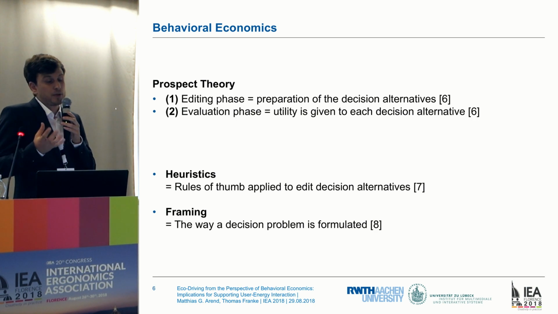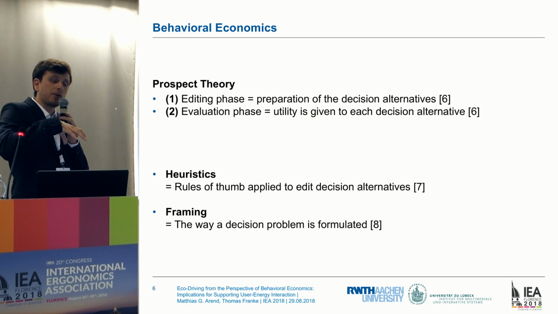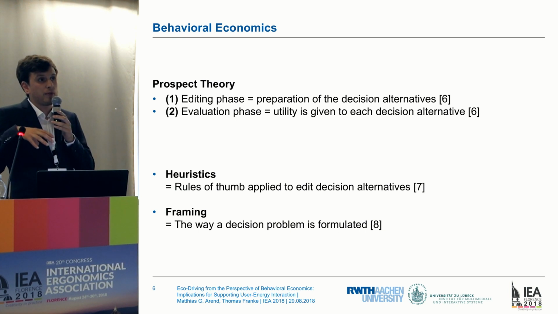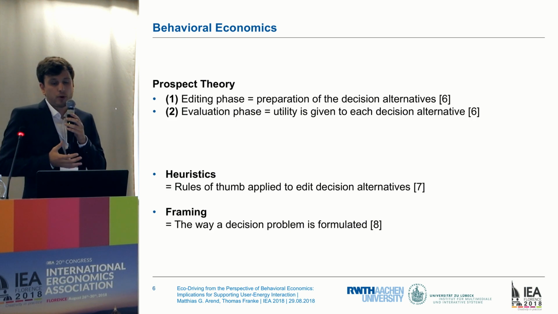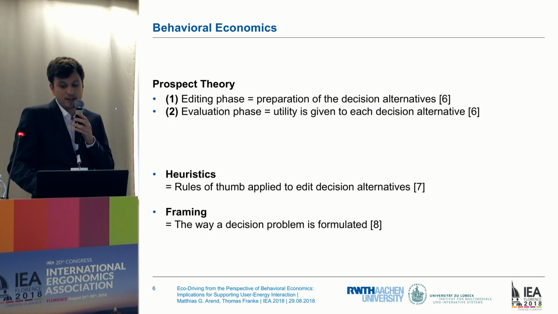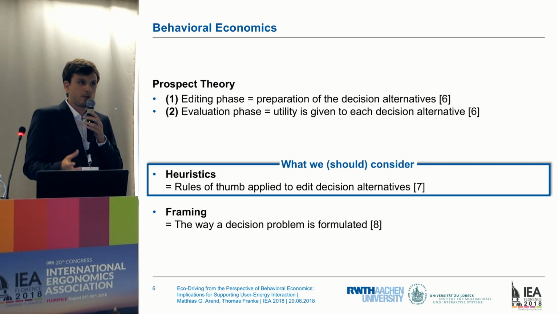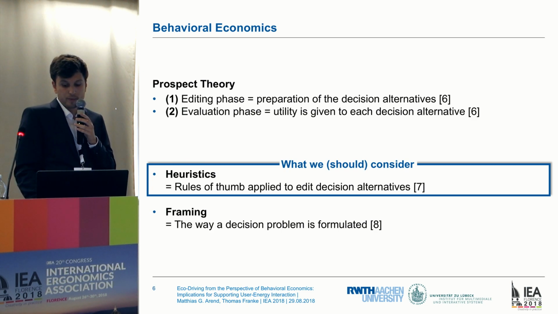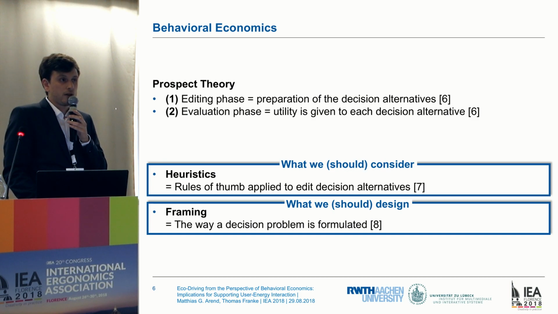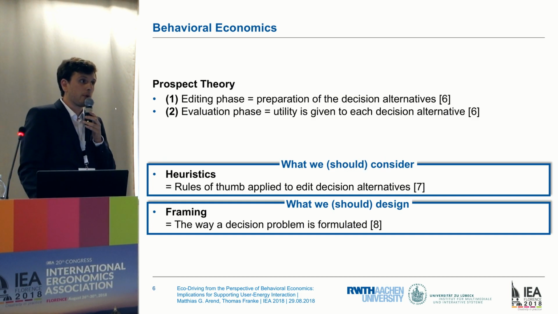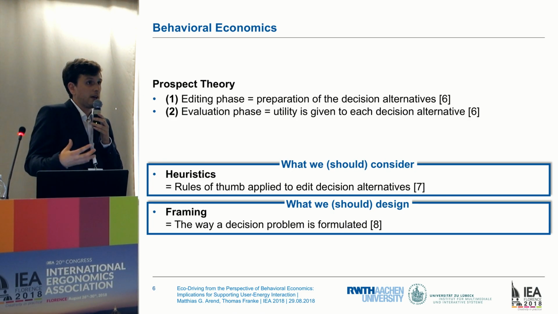The heuristics refer to the internal part of the human, whereas the framing refers to the external part. This is quite important when designing, for example, eco-driving support systems. We should consider the heuristics humans use, but we should also design the frame in order to empower or enable them to use their heuristics in a positive, energy-efficient way.